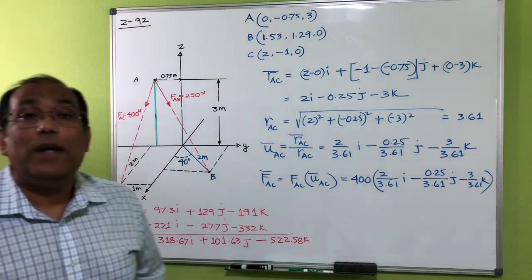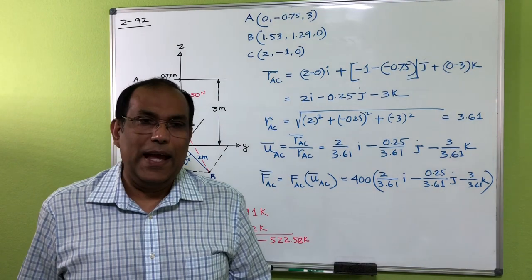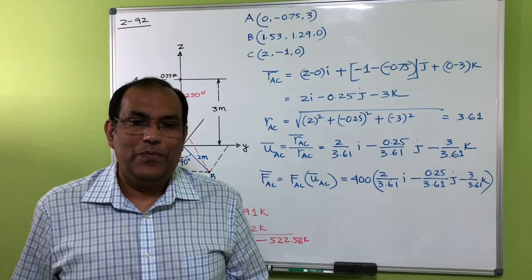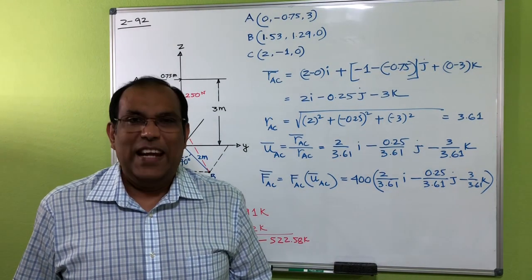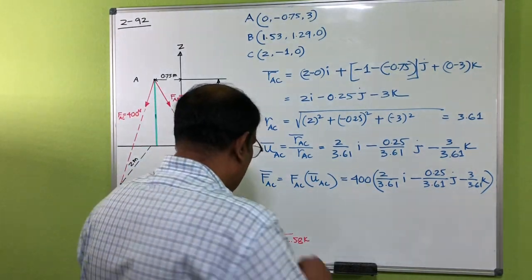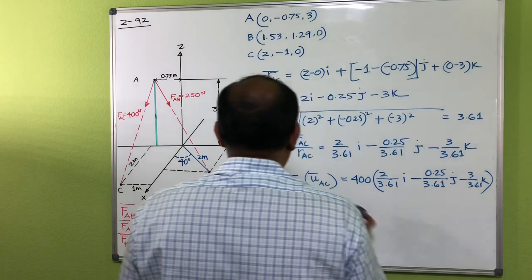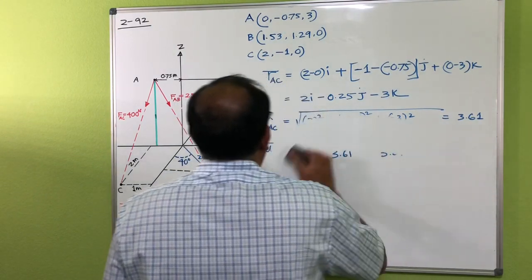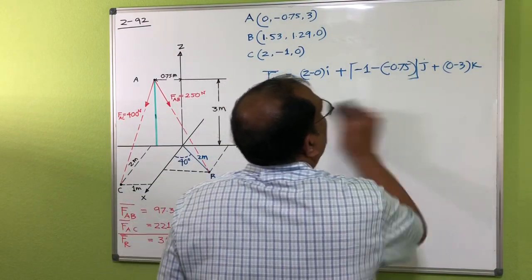Now if you want to find out the magnitude and the coordinate angle with x, y, and z axis, then basically we have to find out the magnitude like this way.